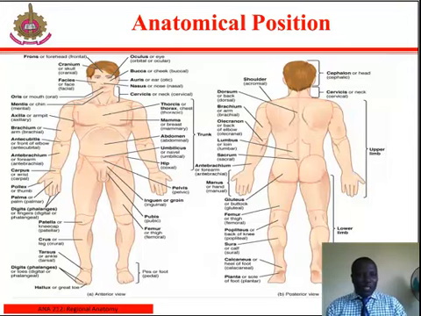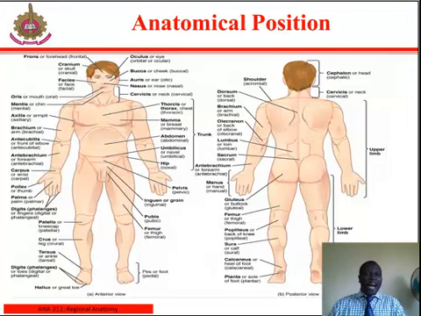Let's start with anatomical position. Anatomical position of the human body is the position which is generally accepted as a standard by anatomists as the way in which the body will be viewed. Just as maps are normally oriented with north at the top, the standard body map or anatomical position is that of the body standing upright with the feet at shoulder width and parallel, with the toes looking forward.